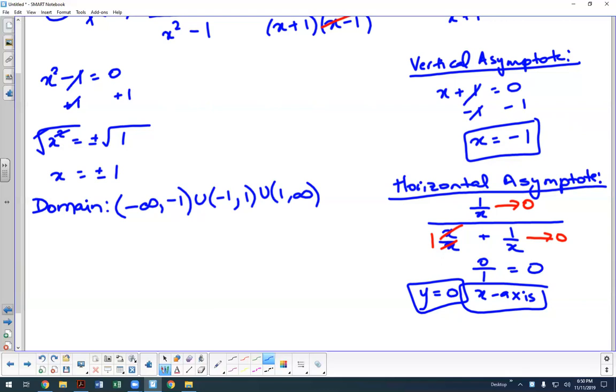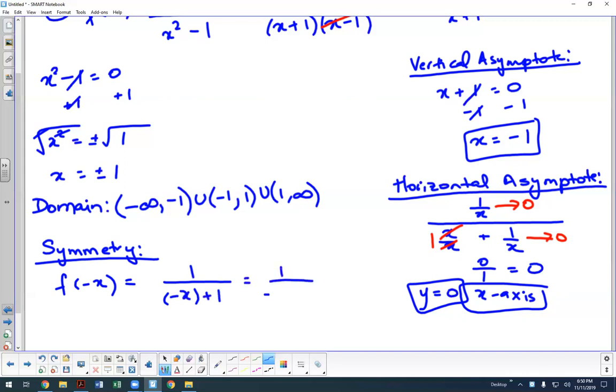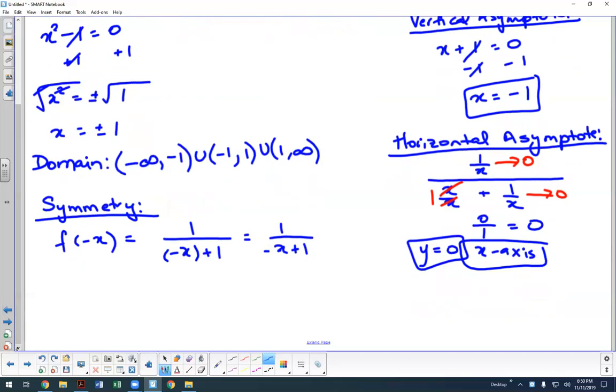This graph will again have no symmetry because when we put in -x for our x value, we end up getting 1 over -x plus 1. So it's not giving us an odd or an even function here.